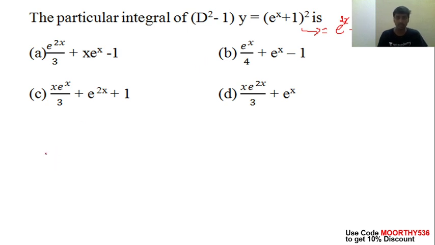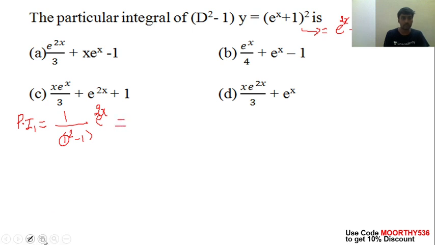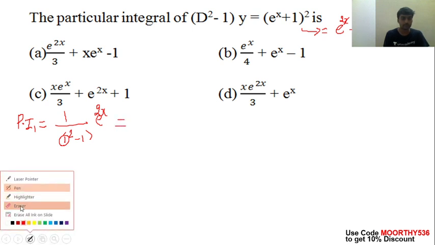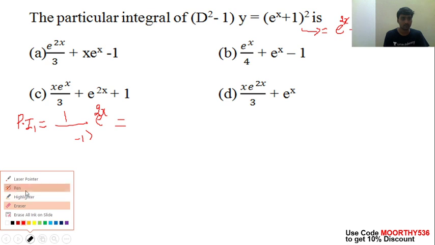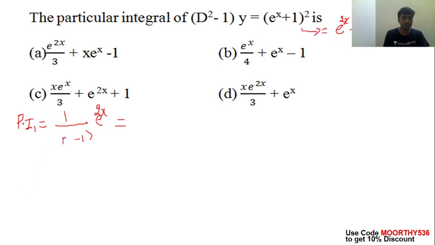Coming to the discussion, there are three values, PI1 plus PI2 plus PI3. PI1 is equal to 1 divided by D square minus 1 into e power 2x. Here we have to replace the letter D by the number 2.